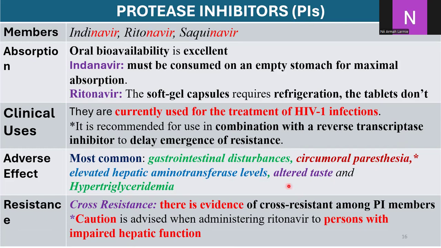There's evidence that if there is resistance to one member of the protease inhibitors, the likelihood that the organism is also resistant to the other members of the protease inhibitors is high. So there is cross-resistance among the protease inhibitors. There is cross-resistance among this class of antiretroviral agents.